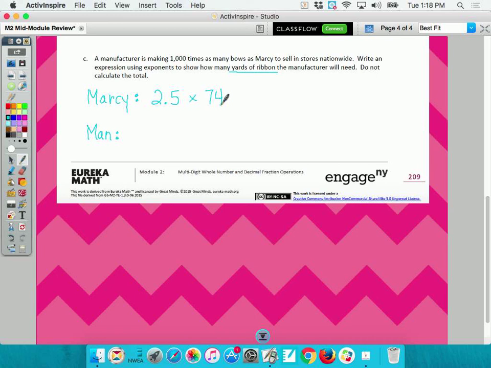So if the manufacturer is going to do 1,000 times as many as Marcy, Mario, what do you think? Okay, so the manufacturer is doing 1,000 times. He's right on the exponent, it's 10 to the third power.